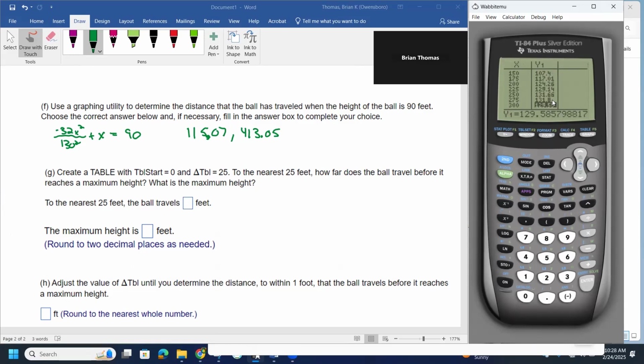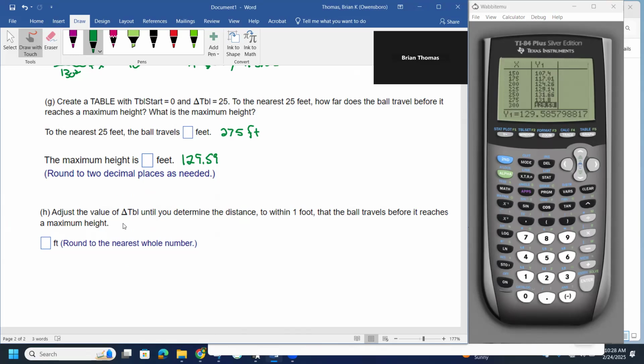So to this 25 feet, the ball has traveled 275 feet. And the maximum height would be 129.59. So it's gotten to a maximum height of 129.59 feet.